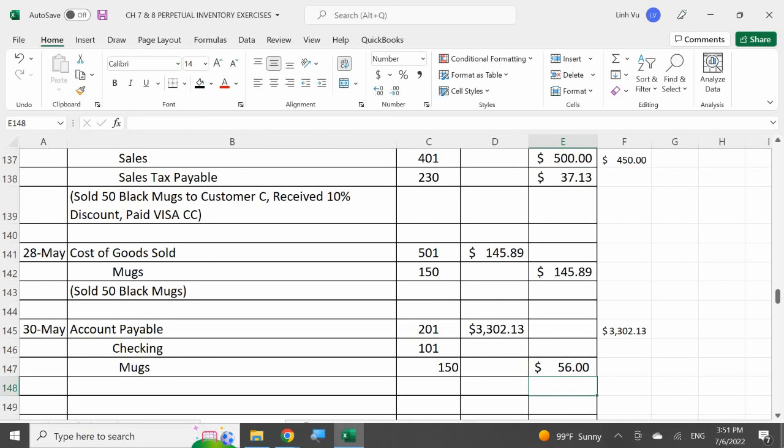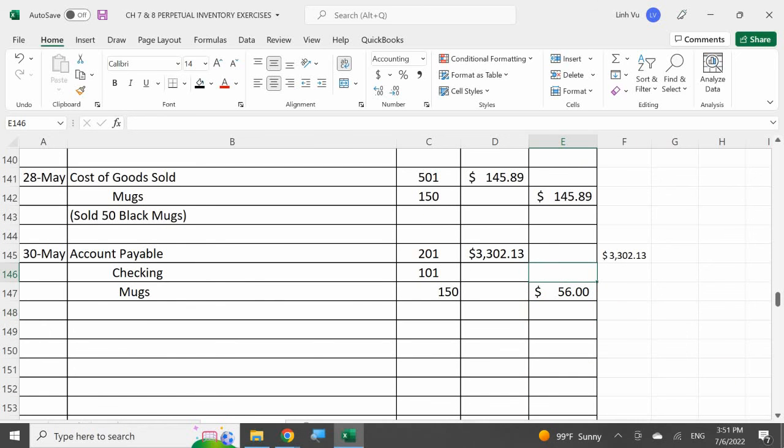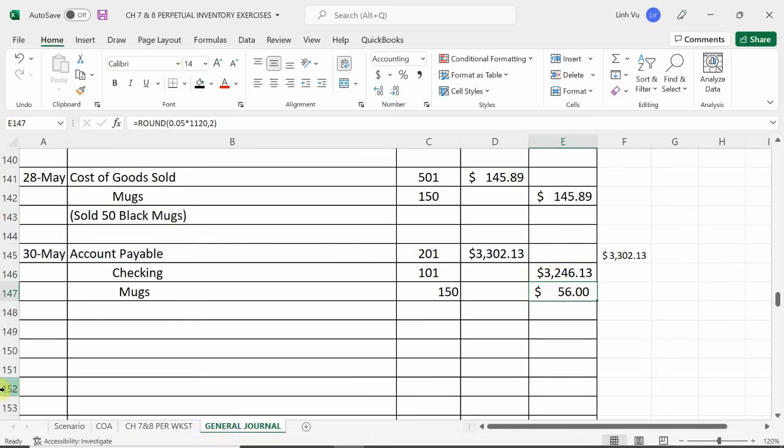So how much am I actually going to be writing out the check for? $3,246.13. Good. $3,246.13, because I deserved the discount off of the last purchase of my mugs. Okay?